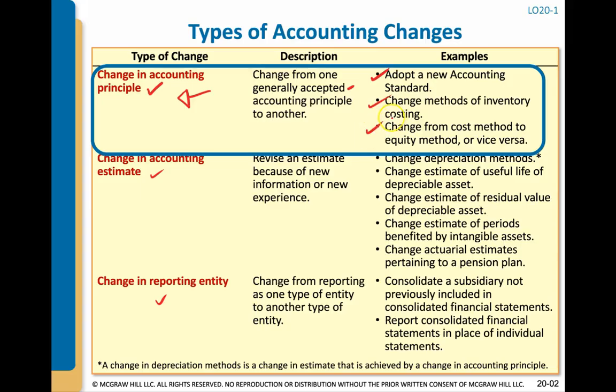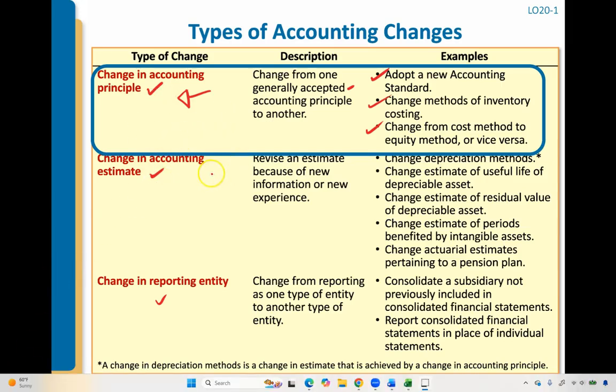Or if they change the way they account for their investments from the cost method to equity method or vice versa. Now, these are just examples, but hopefully you can understand what we mean by accounting principles versus a change in accounting estimate. If you're not familiar with these different types of changes, please go see the video for introduction to accounting changes for more detail.